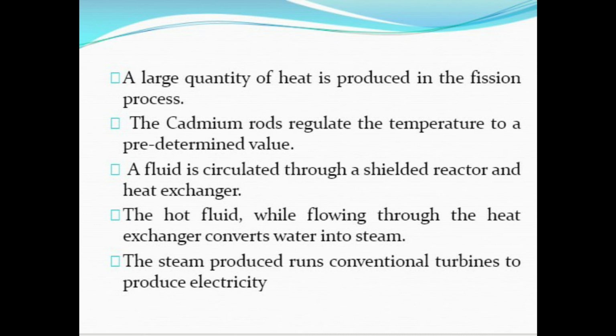The hot fluid, while flowing through the heat exchanger, converts water into steam. The steam produced runs conventional turbines to produce electricity. View the animation to understand the working of a nuclear power plant.